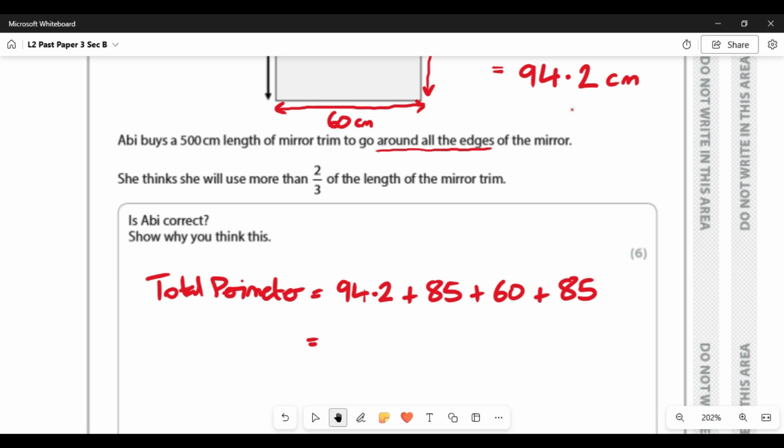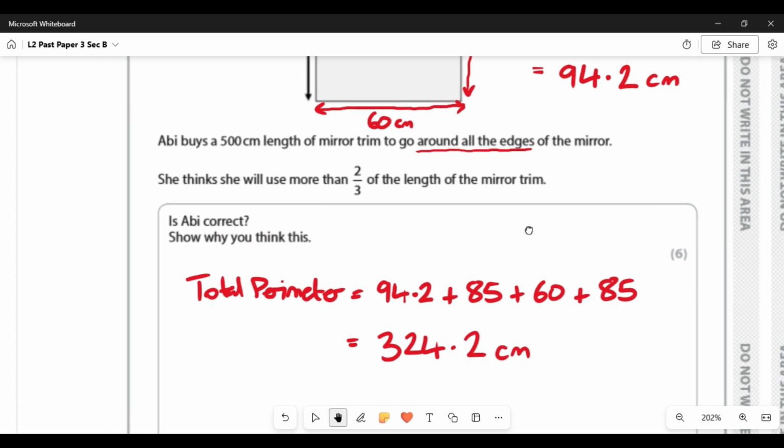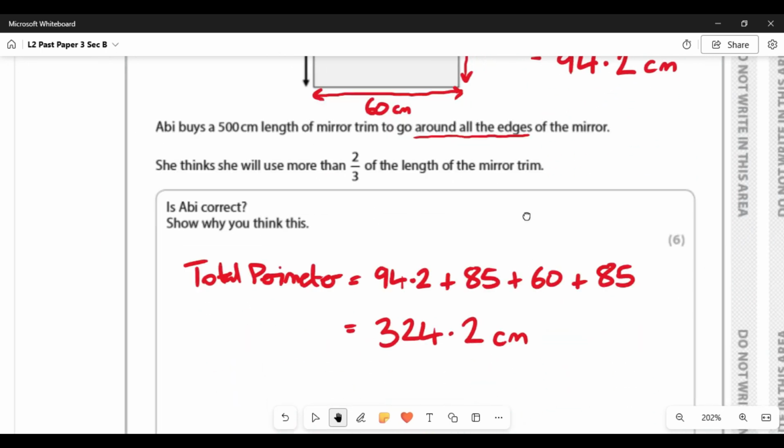So 94.2 plus 85 plus 60 plus 85, and you should get 324.2, and that's going to be centimeters. So that's the total length of the perimeter of the mirror. She thinks she will use more than 2/3 of the length of the mirror trim. So she buys 500 centimeters. So this is what she's got.